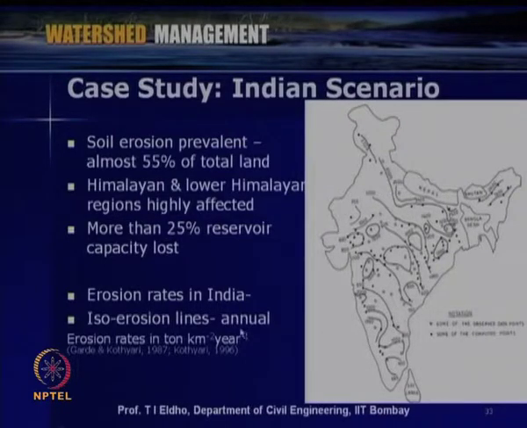This figure shows the iso-erosion lines. The unit is the erosion rate in ton per square kilometer per year. You can see that here, for example, it is 1000, here it is 1500, and in the Himalayan regions it is much higher.